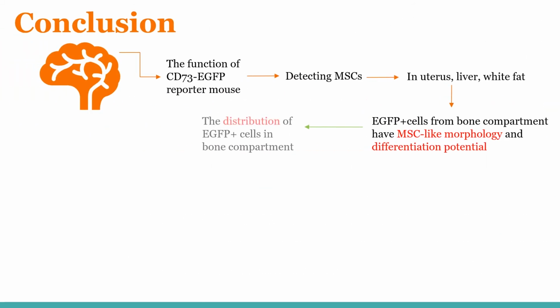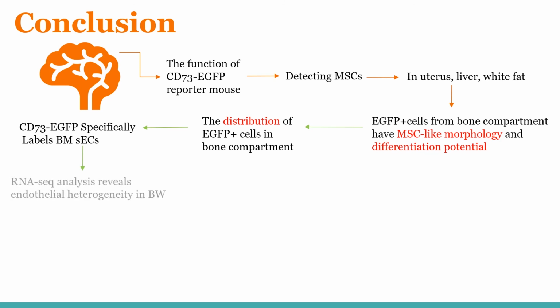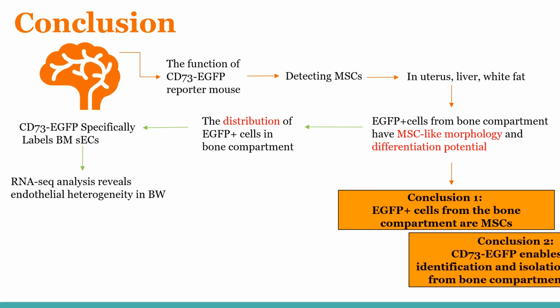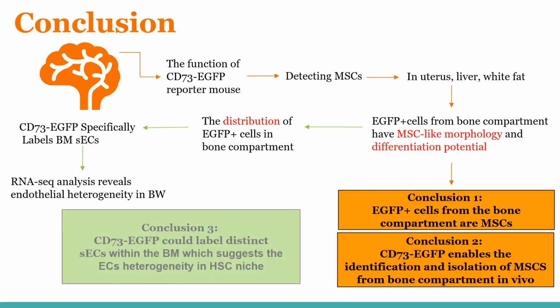So in conclusion, this CD73 EGFP reporter mouse can detect MSCs in uterus, liver, white fat, and the bone compartment. According to its MSC-like morphology, differentiation potential and self-renewal capacity, we can confirm these EGFP positive cells are MSCs, and this reporter mouse can identify and isolate MSCs from the bone compartment in vivo.